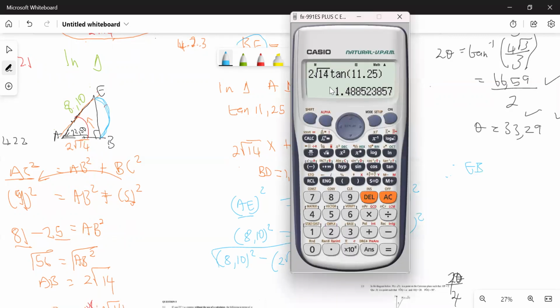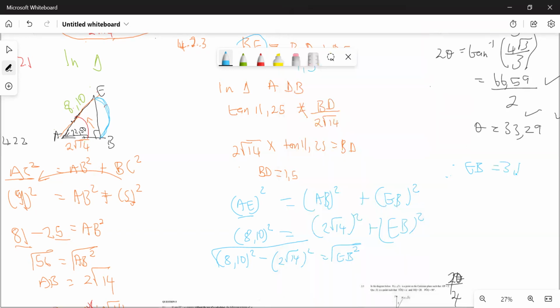Let's type this exactly the way it is in our calculator: root, open bracket, 8,10 all squared minus 2 root 14 all squared, close the bracket. I'm avoiding mistakes when rounding off, so I just want to type it once. It says EB is going to be 3,1.